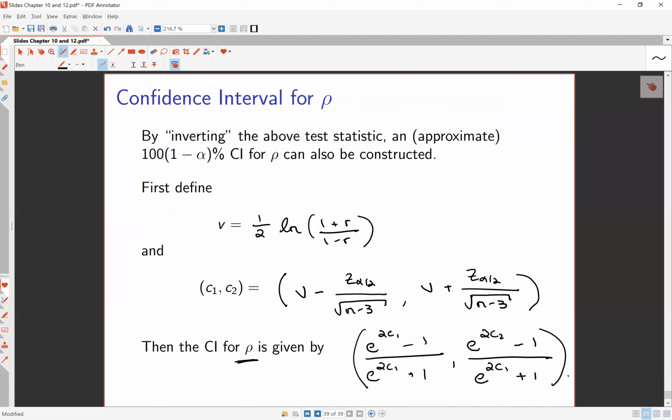And with coverage level 100 times 1 minus alpha %, this is a confidence interval for the population correlation coefficient. And the confidence interval, both the lower bound and the upper bound, also respect the boundaries of what a correlation coefficient can be. So they can never exceed +1 and they can never exceed -1 on the left.